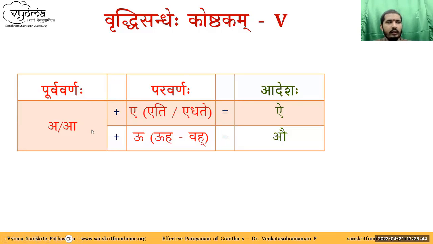If the Purvavarna is A or Aa, and if the Paravarna is U of the word Uha, then the Adesha is Au. Uha Shabda here is referring to a modification of Vah Dhatu.